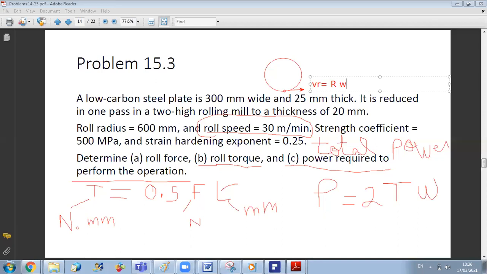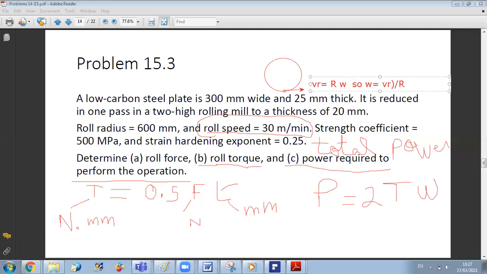So omega is the linear velocity VR over the radius.